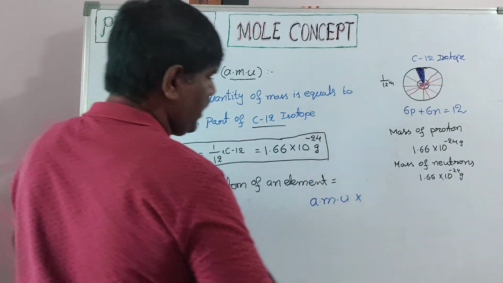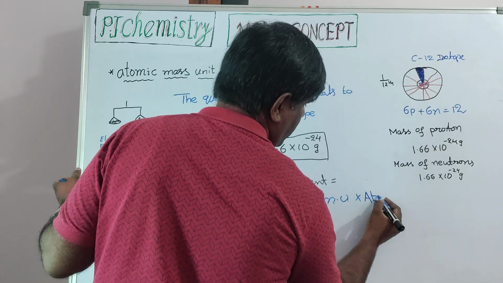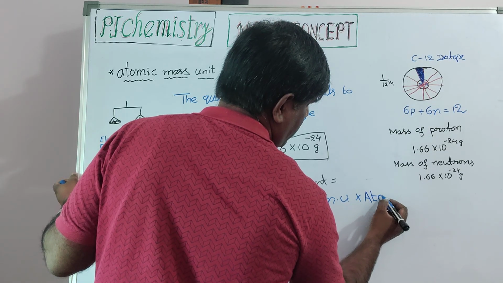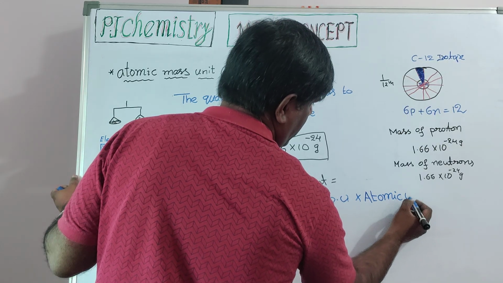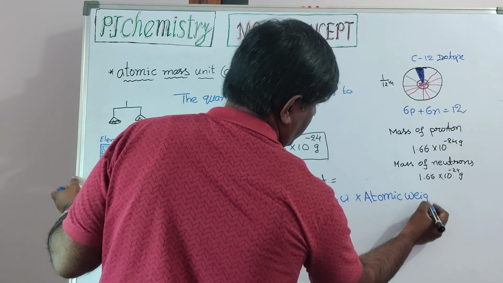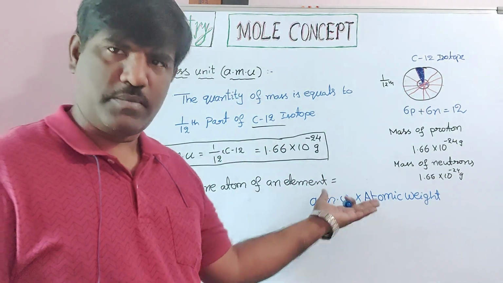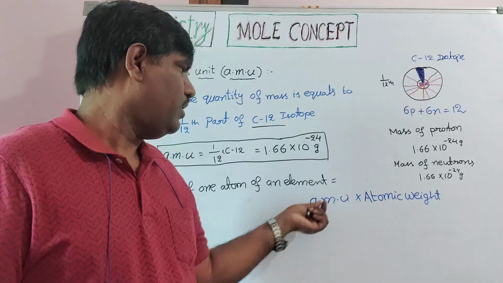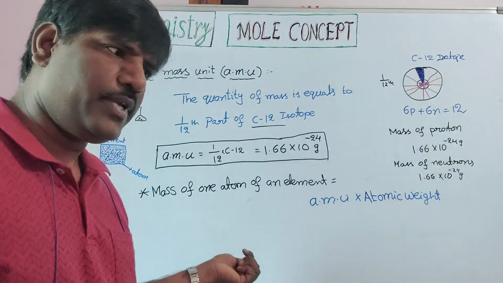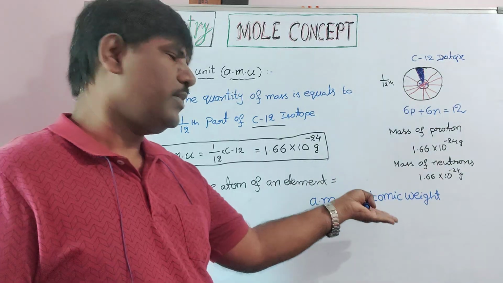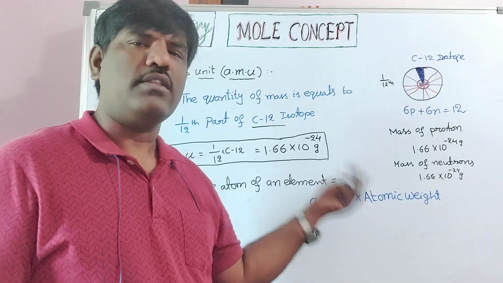AMU into atomic mass, or atomic weight, or mass number, simply. AMU into mass number. AMU value is 1.66 into 10 to the power of minus 24 into mass number. Nitrogen means 14. Oxygen means 16. Like this.